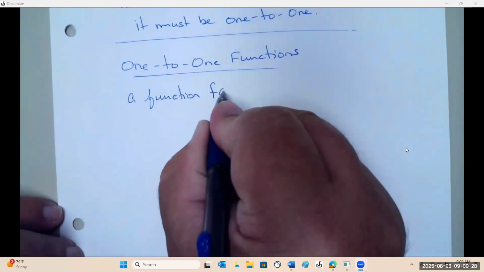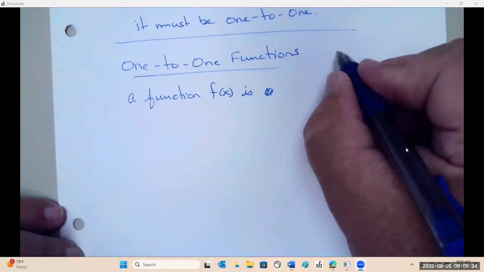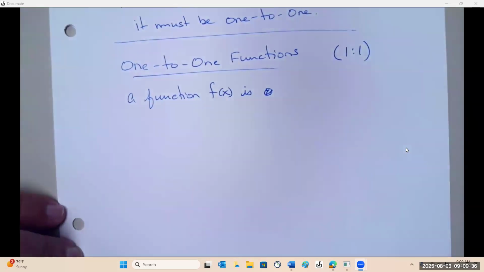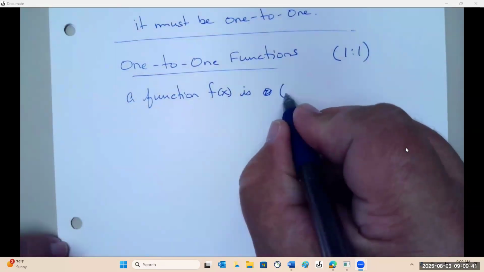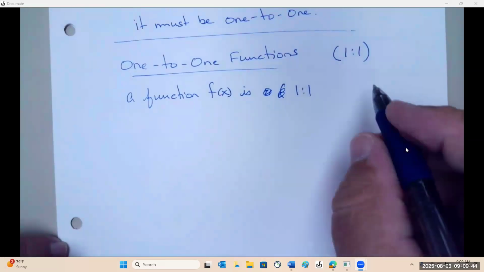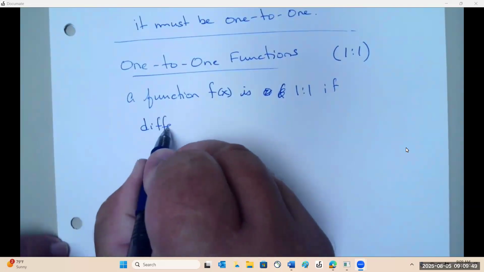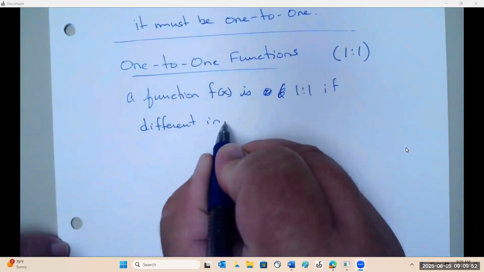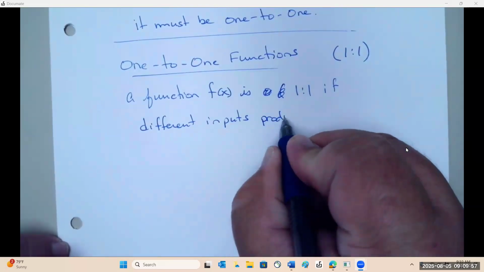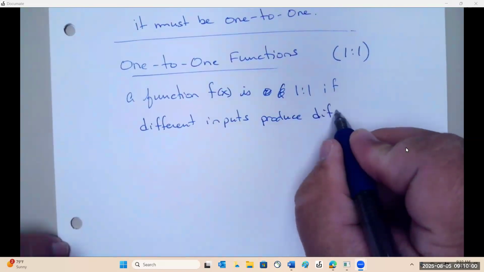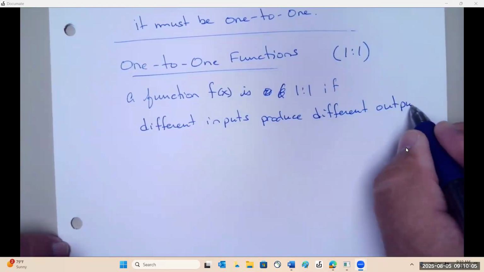A function f of x is, instead of 1-to-1, I'm just gonna write that. It's the same thing. A function is 1-to-1 if different inputs produce different outputs.